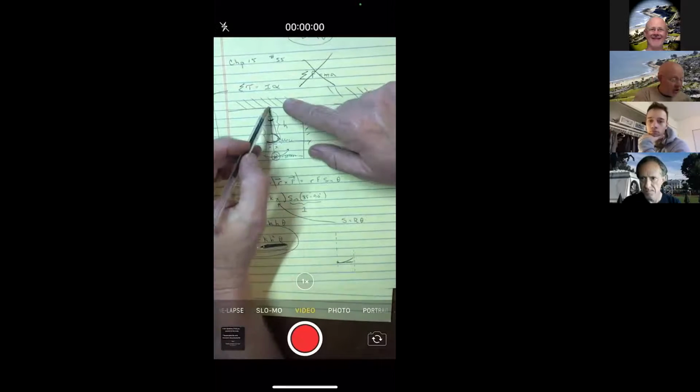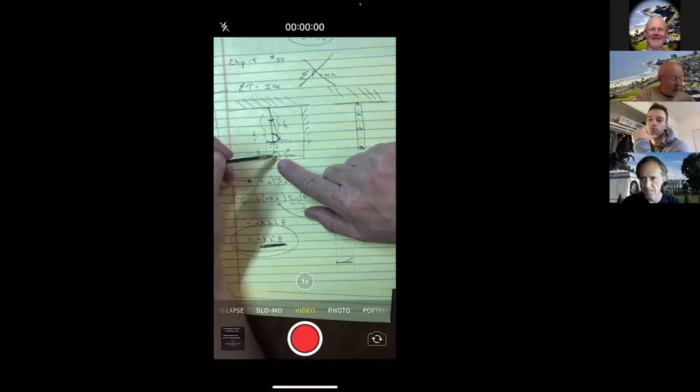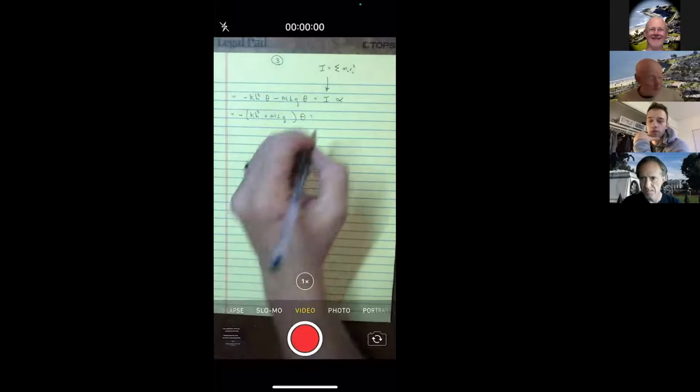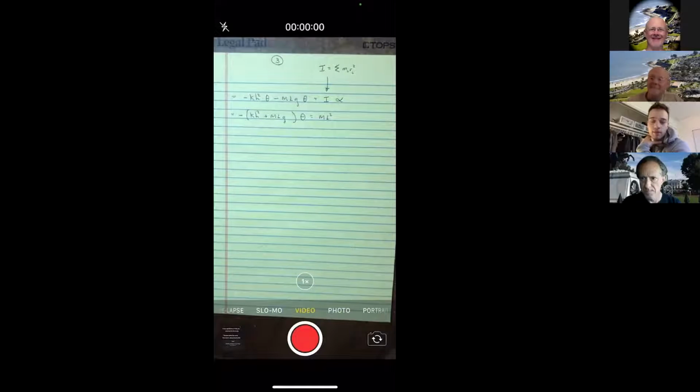I think they're saying just take all the mass at the end of the string, in other words, don't worry about the mass of the string. So I only have one object to add together. Wouldn't it just be ml squared? I was going to say mr squared, but yeah, ml squared. The r would be L in this case. Some of these moments of inertia can be hard, and fortunately that was an easy one.